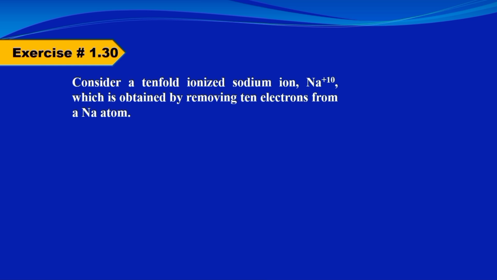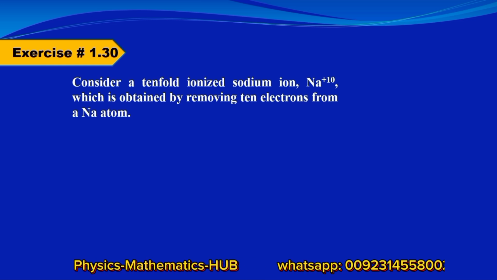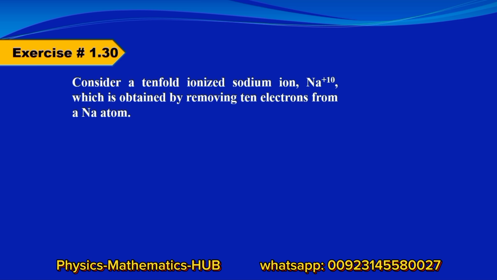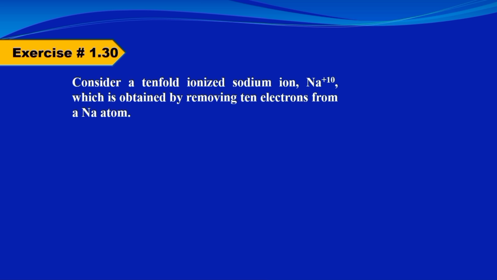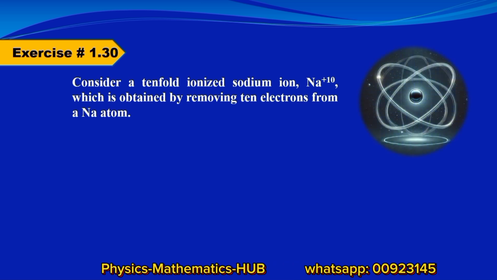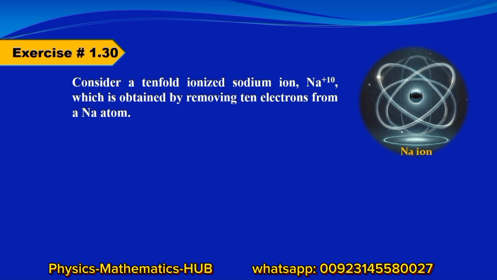Consider a tenfold ionized sodium ion, Na^10+, which is obtained by removing 10 electrons from a sodium atom. The tenfold ionized sodium ion is shown in the figure, where 10 electrons are removed from the sodium atom.